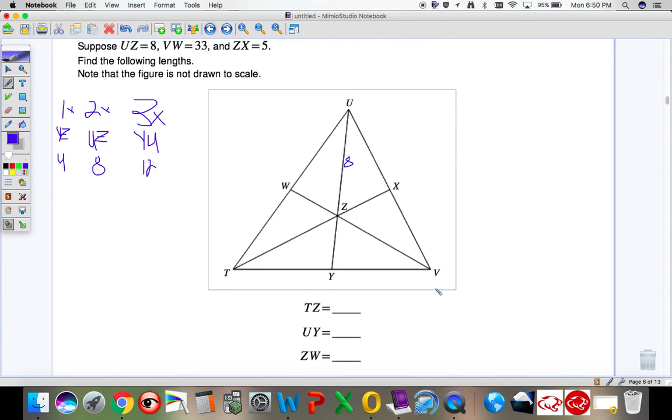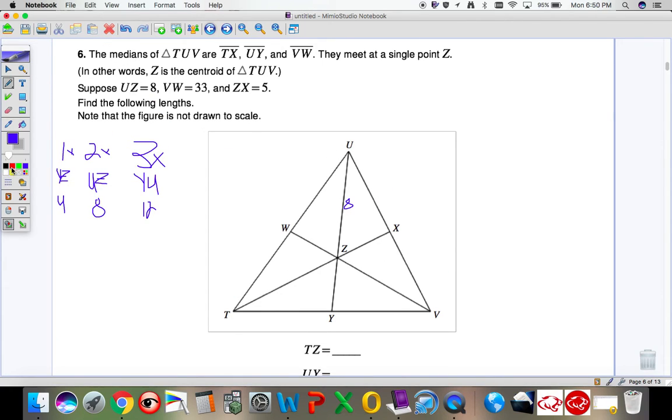You're just going to do the same exact thing. So VW is this whole thing, and VW is 33. So I have 1x, 2x, and 3x. 1x is your smallest piece, that's WZ. 2x is the longer piece, so that's ZV.